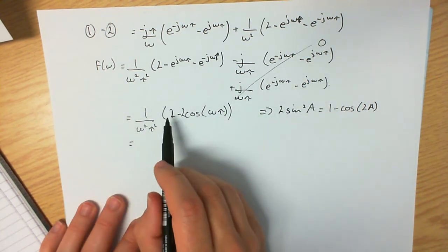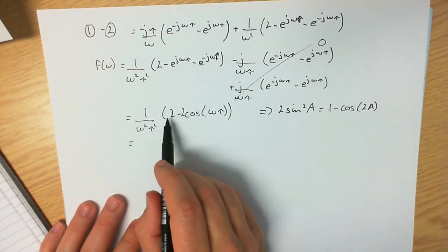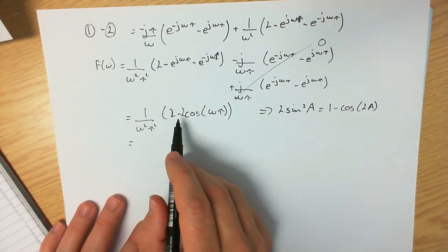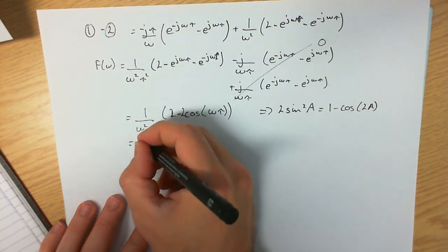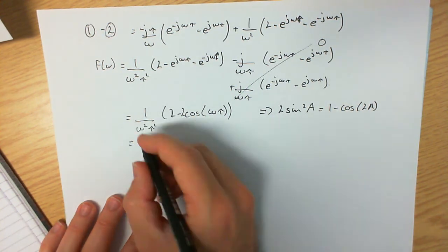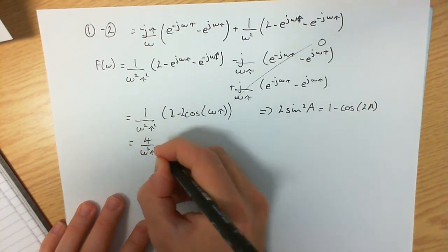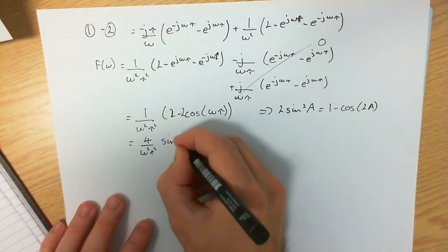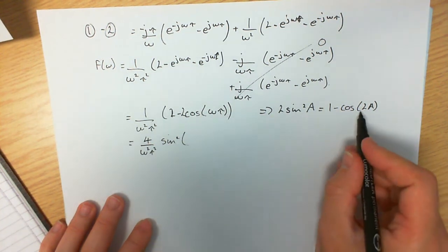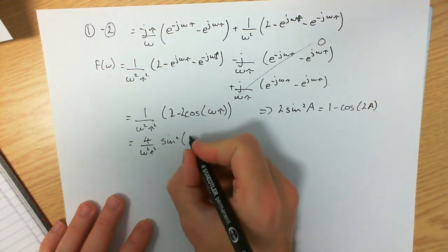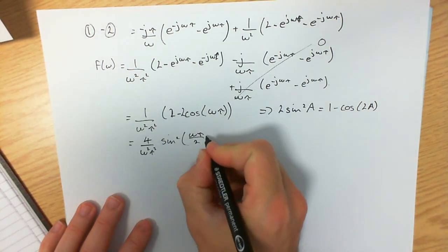So if we do that, we can take out the common term 2 and multiply it by that 2, so we get 4 over omega squared tau squared sine squared, and now because we're having this 2 in here, we've got omega tau over 2.